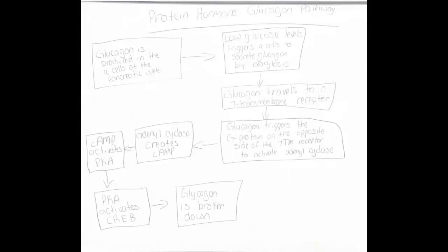And this cAMP activates the protein kinase A, or PKA, which activates CREB, the cAMP response element binding protein. And this aids in gene expression and allows glycogen to be broken down and moved to the bloodstream.